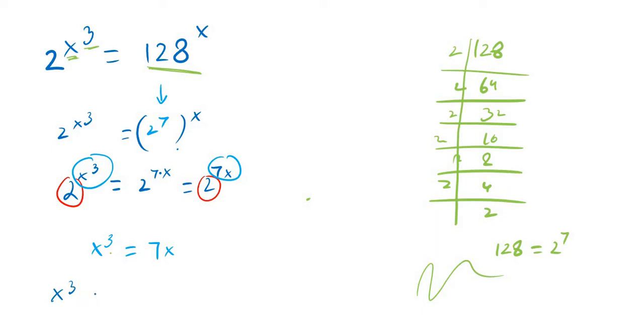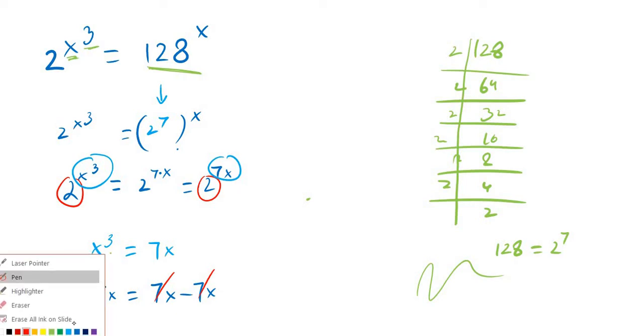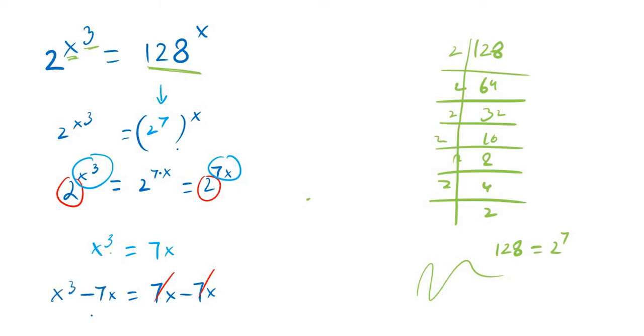Doing it like this, you will see, if you look closely, now you have an equation. If you subtract 7x from both sides, this gets cancelled with this, and you are left with x raised to power 3 minus 7x, which is actually a cubic equation.